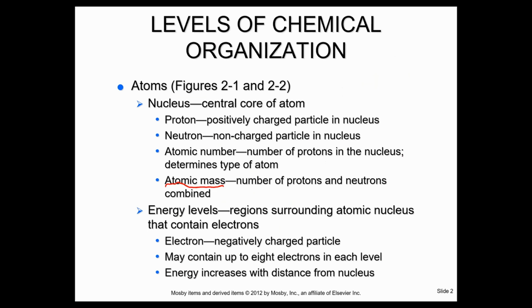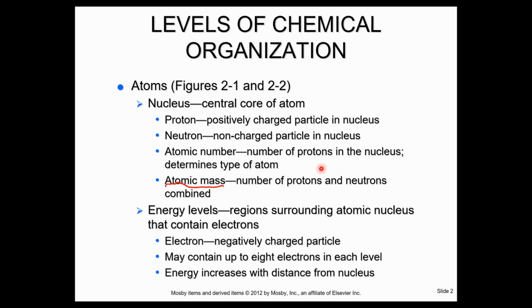And the neutron is not charged because neutron itself is made from proton and electron. Okay, so that's why neutron is neutral, and it only adds to the mass of the element, of the atom.